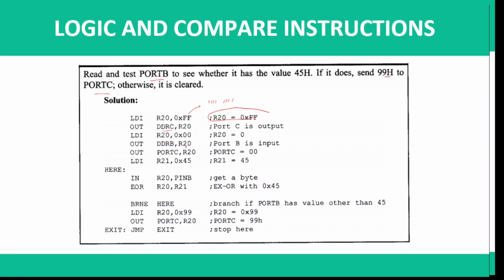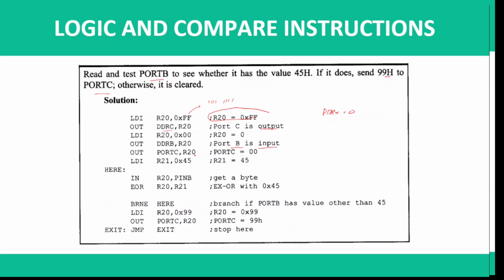To set port B as an input, we know that DDRx must be equal to 0. To do that, we need a value of 0 loaded to R20, and this 0 shall be put in DDRB. So DDRB becomes 0, and we already have set our port C as an output and port B as an input.